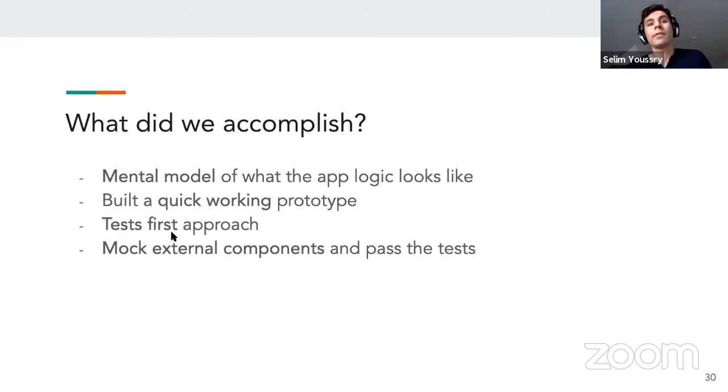You have a tests-first approach. We've not written that much code, but almost half of it is tests. If you don't exaggerate, if you don't spend your entire time writing tests without writing any code, there's a compromise to be found there. That is typically a good sign.